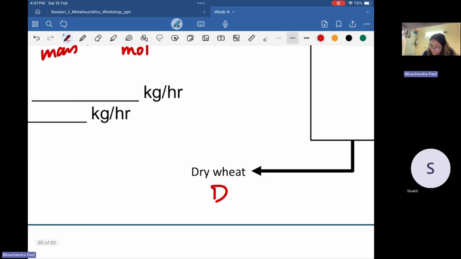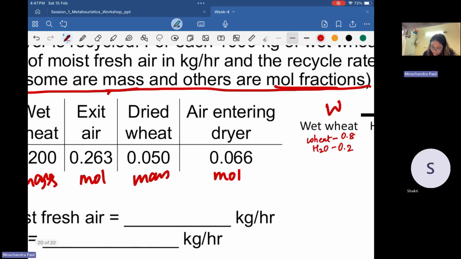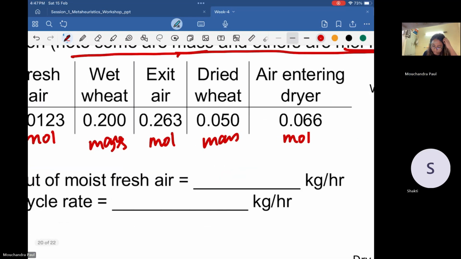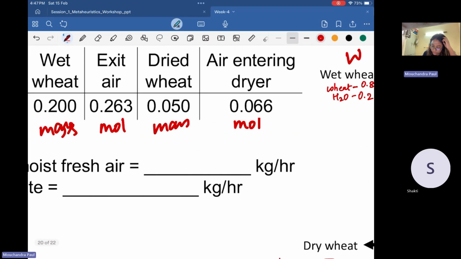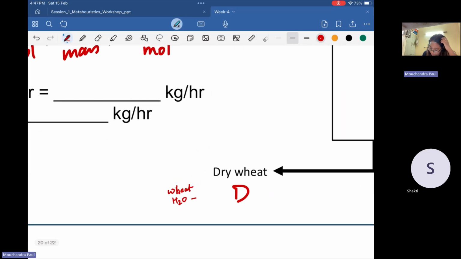Similarly, for dry wheat, there will be two components, wheat and water. Water is given to us and it is 0.05, so wheat will be 0.95.